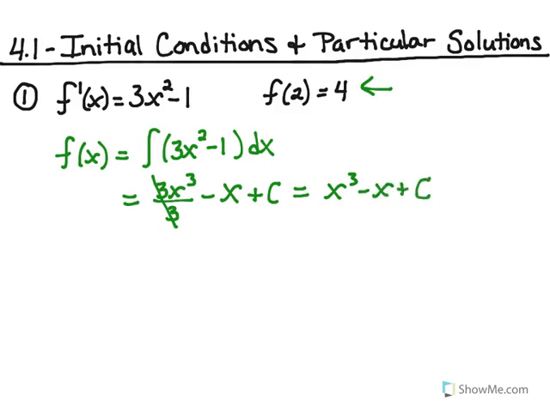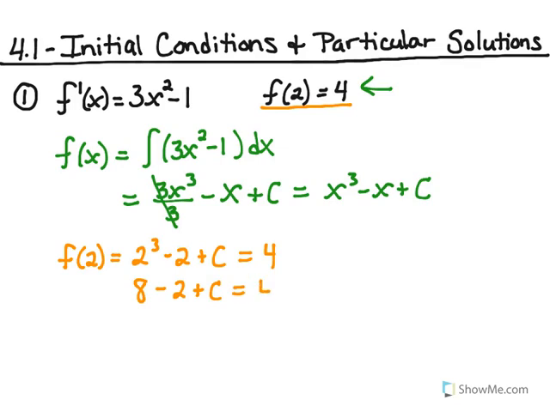Question is, what's c? I'm going to use this initial condition now. So I'm going to write down what f of 2 is. Replace every x with a 2, and you get 2 cubed minus 2 plus c, and that expression is going to be equal to 4. So that gives me 8 minus 2 plus c is equal to 4.